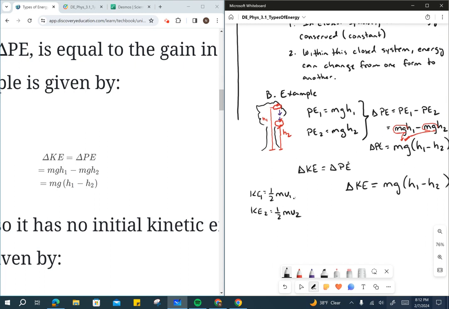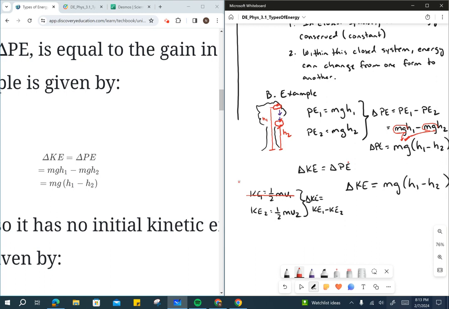And delta KE equals KE1 minus KE2. But remember, there's no kinetic energy 1 because the apple was not moving.